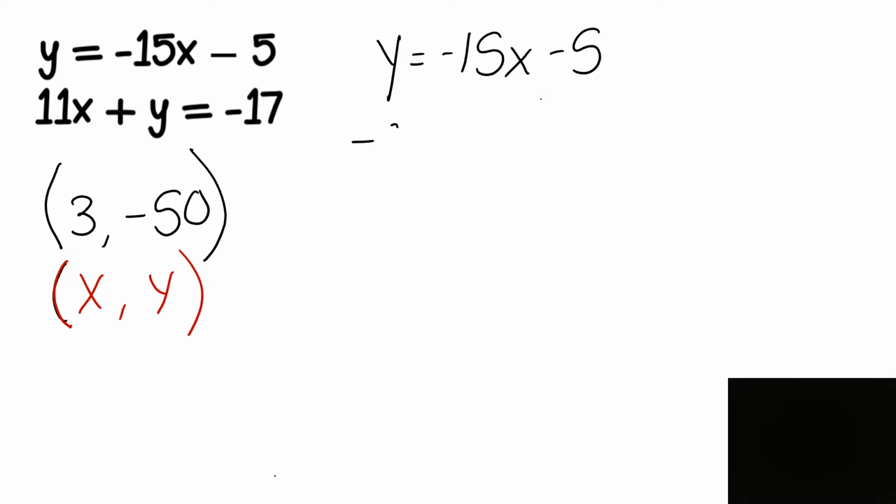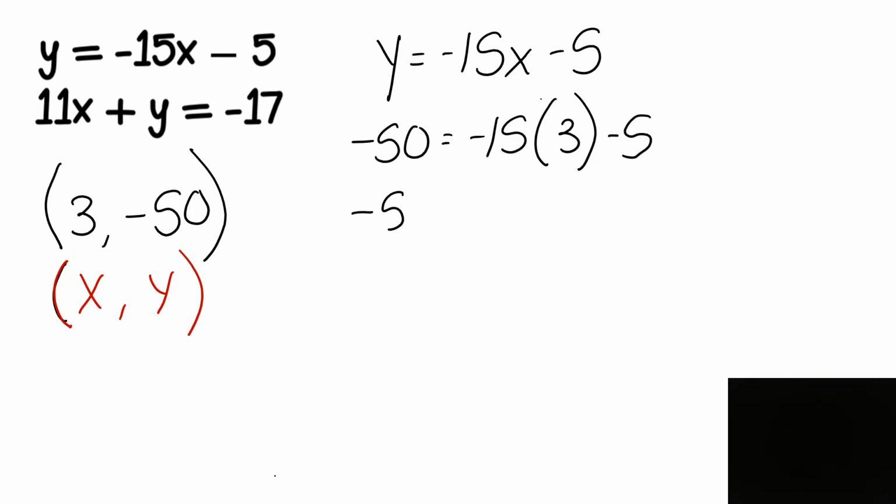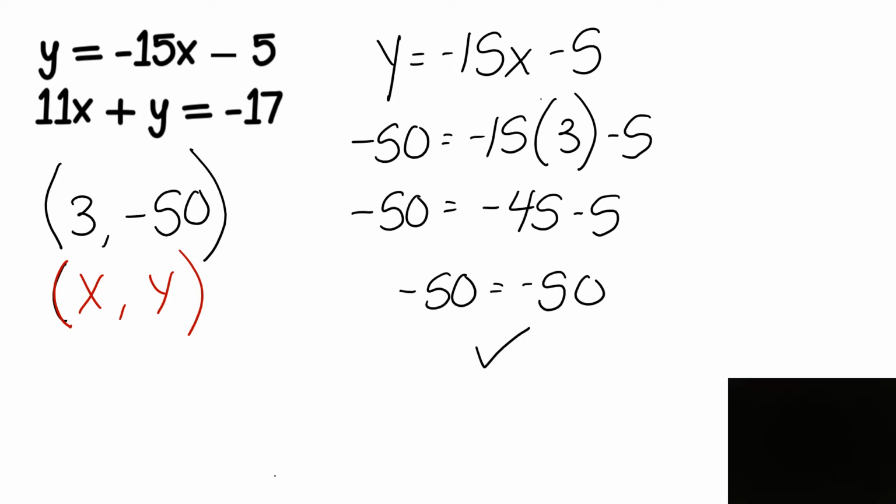My y value is negative 50, my negative 15, and my x value 3 with my negative 5. We multiply our values, negative 15 and 3 would give us negative 45. Minus 5 gives us an answer of negative 50. Both sides match, so we know that that is a correct answer.